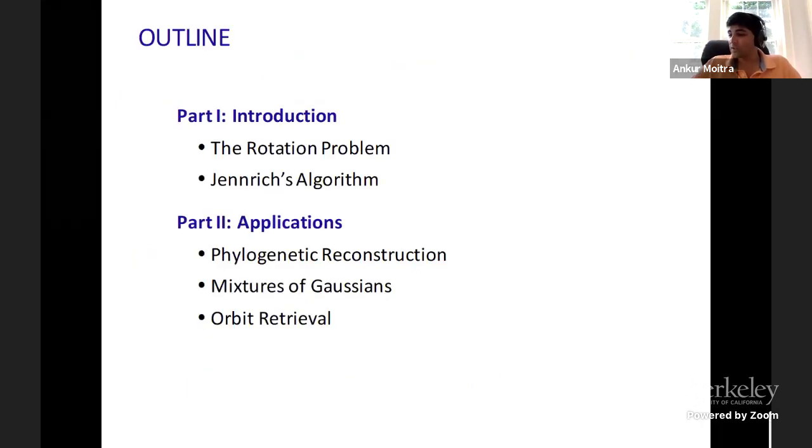But in the last couple minutes, I want to disabuse you of the idea that all of this stuff is really well solved. So far what I did was I went back to the 1900s and talked about factor analysis. Then I talked about Jennrich's algorithm, which got rediscovered many times. And I showed you how it just nails one by one these different types of latent variable models when you have a conditional independence structure.